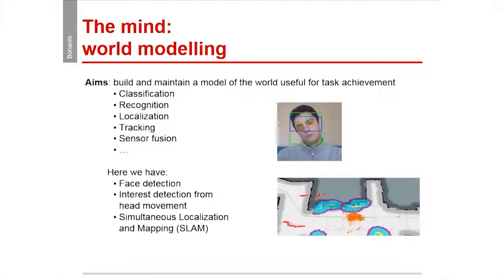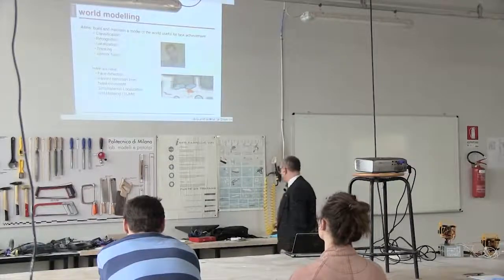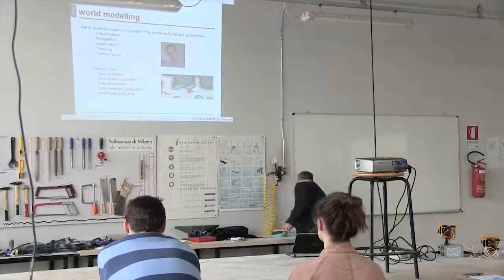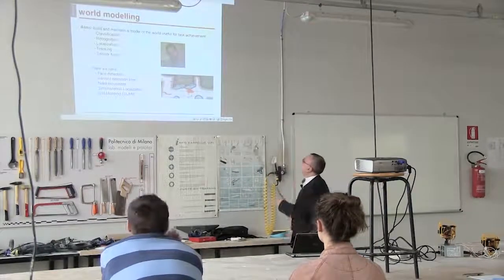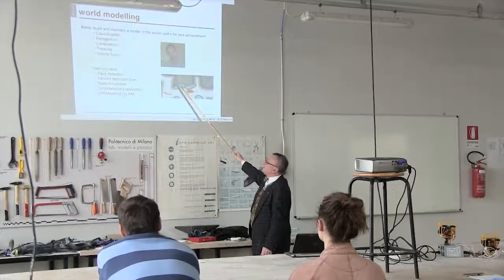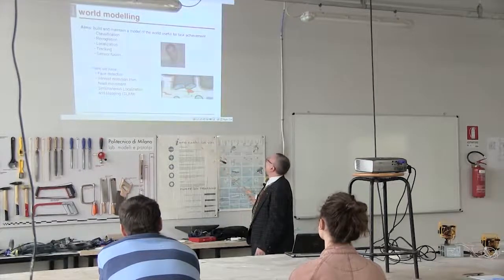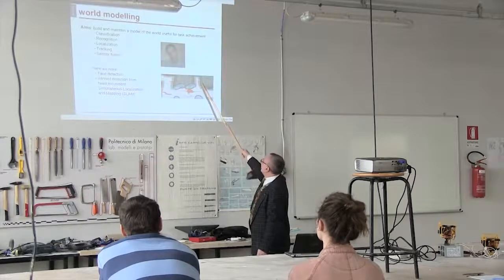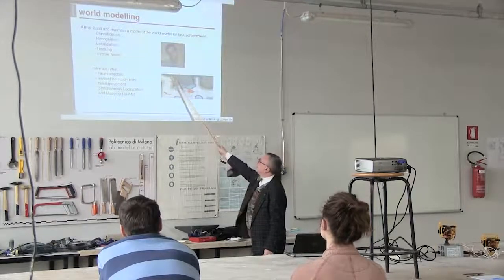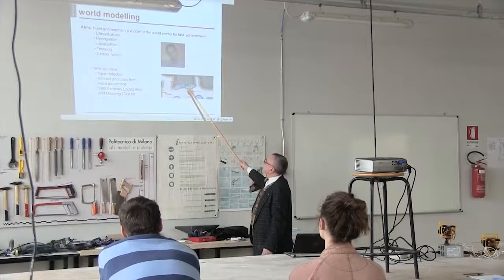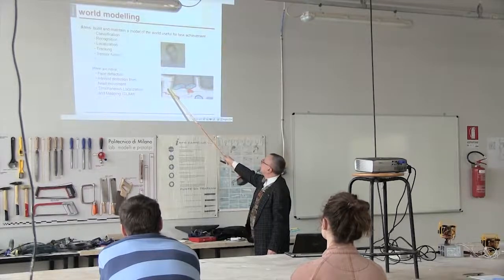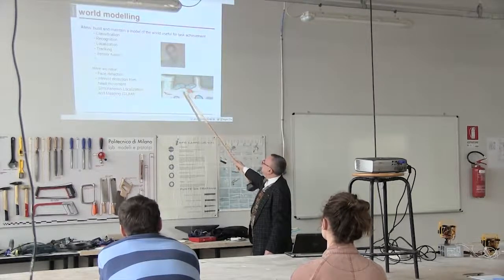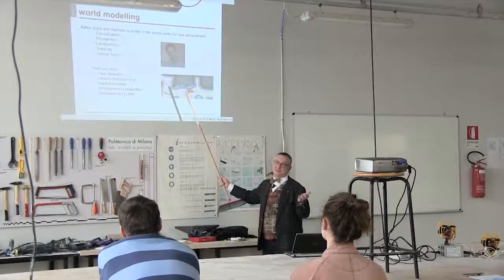Or here we have something for localizing the robot. The robot has a map. These are obstacles detected, and this is the map that the robot built before. This is where the robot would like to go. And here is a cloud of possible positions of the robot.